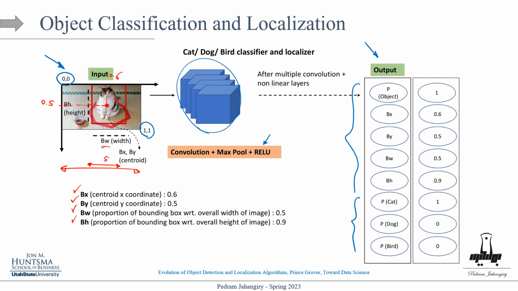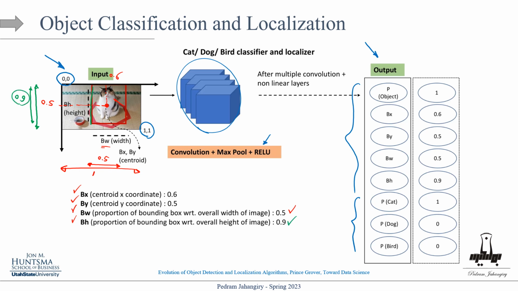So maybe we are going to say it's 0.5. So if this is 1, this is where the 0.5 is coming from. And same story for the height, right? So if this is the entire height of the image, again 100% or 1 unit, then our bounding box is covering this much of it. So probably it's 90% plus, so let's say 0.9, right? So this is where the 0.9 is coming from.